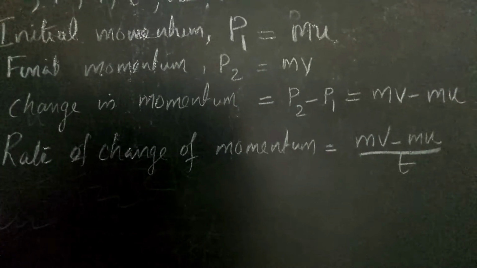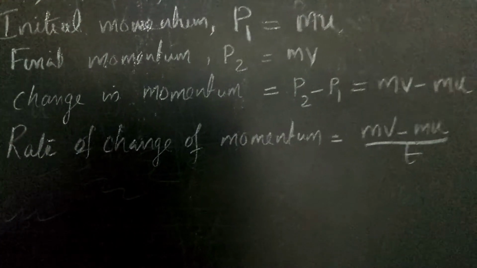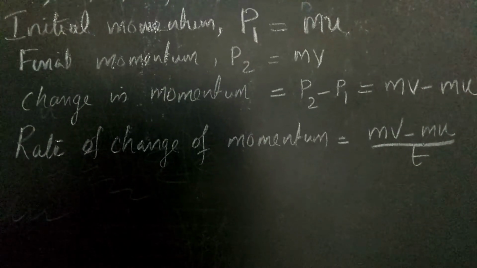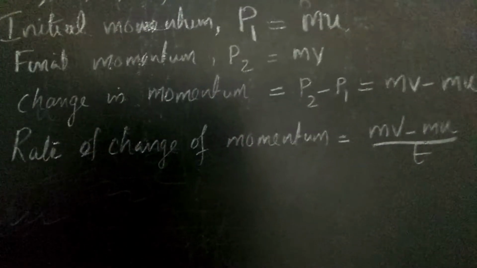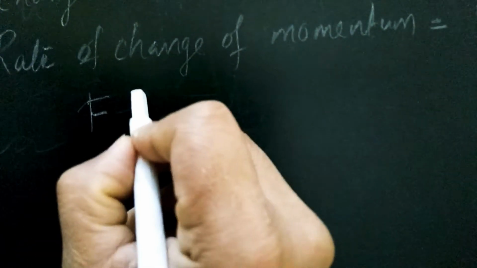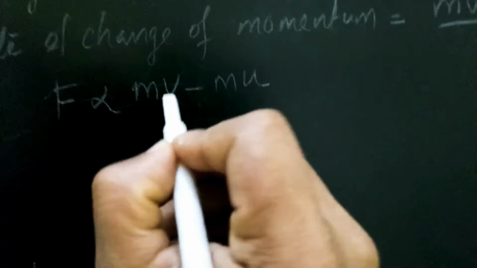Now according to the second law of motion, the rate of change of momentum is directly proportional to the external unbalanced force applied. So we can write F proportional to mv minus mu by t.